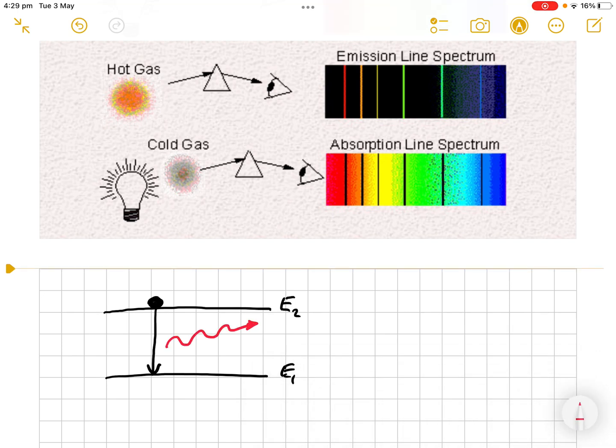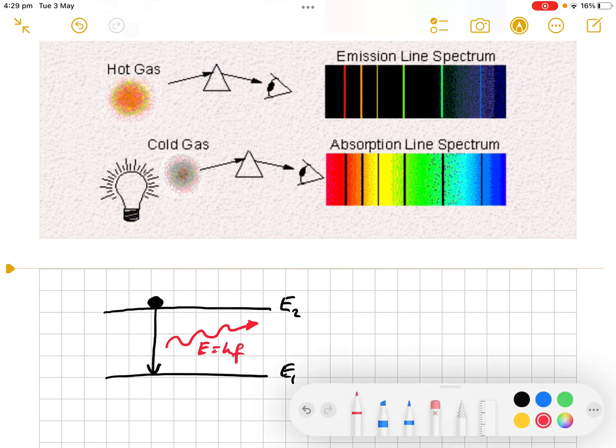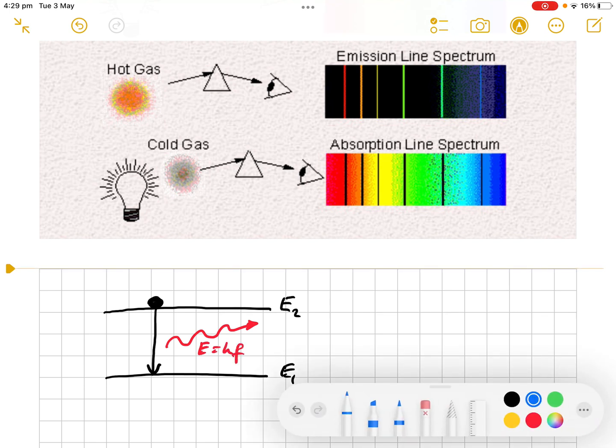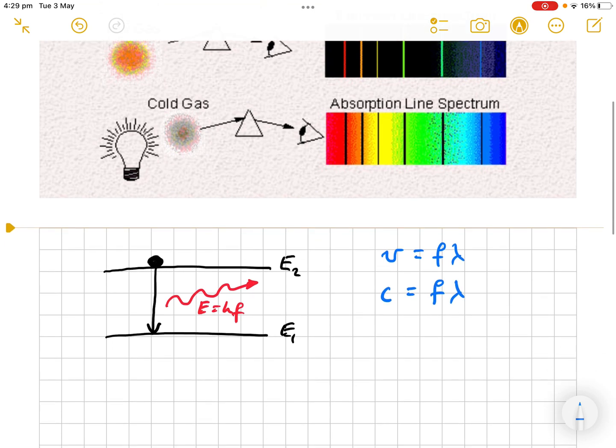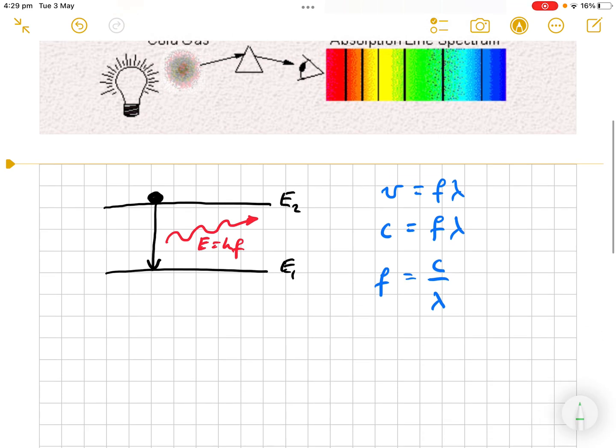When it falls, the energy is emitted as a photon, energy E is hf. Now remember, v is f lambda, as you know. So for electromagnetic radiation, that becomes c is f lambda. So we could say that f equals c over lambda.